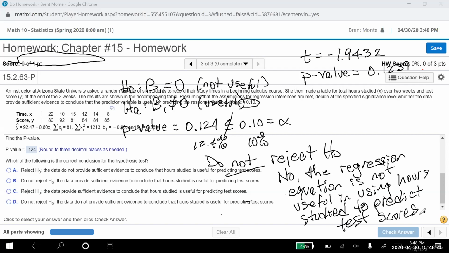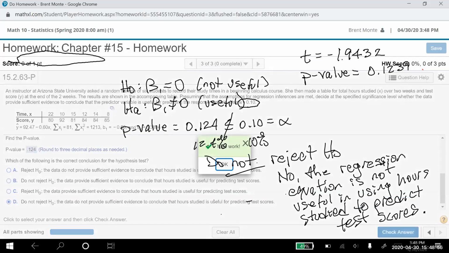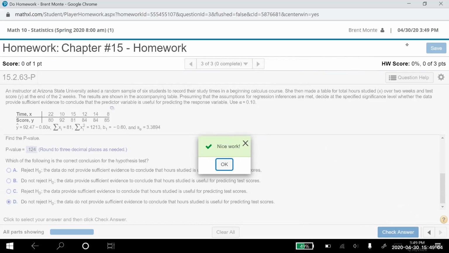The data do not provide sufficient evidence to conclude that our study is useful in predicting test scores. So it's got to be D. And bam, we check our answer and it says you are so smart. Let's erase all this so we see that it says, hey, that was fantastic.